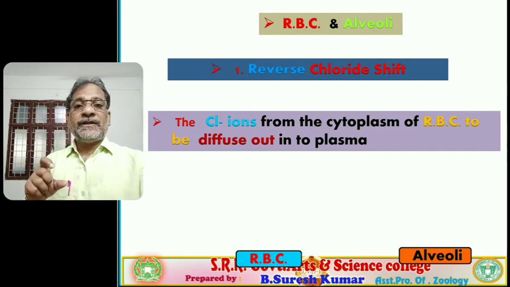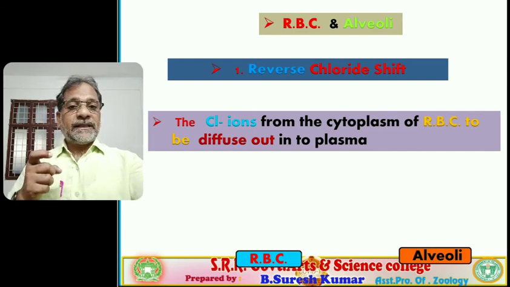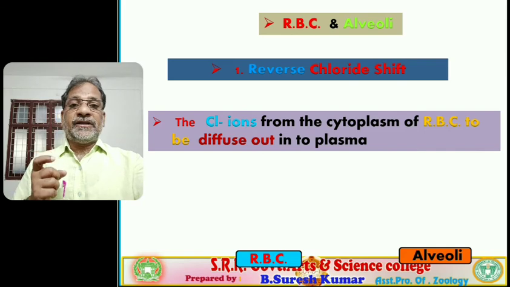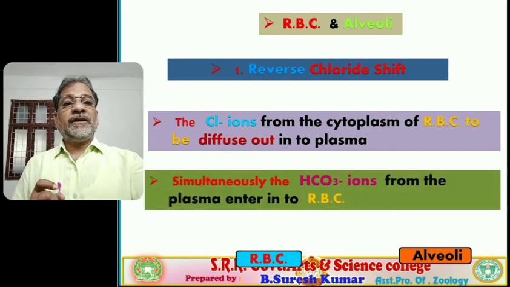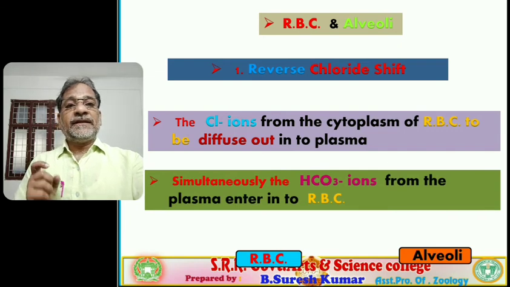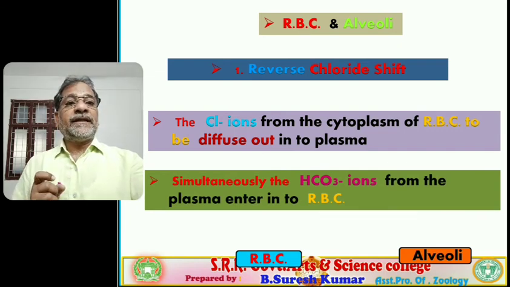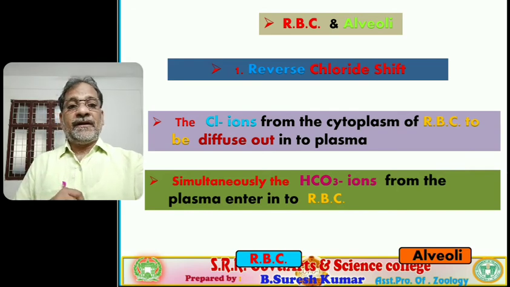So in phase 2, whatever chemical changes occur, they are in completely reverse fashion to those of phase 1. So here at alveoli, reverse chloride shift takes place. Remember, students, simultaneously the bicarbonate ions from the plasma re-enter the RBC.